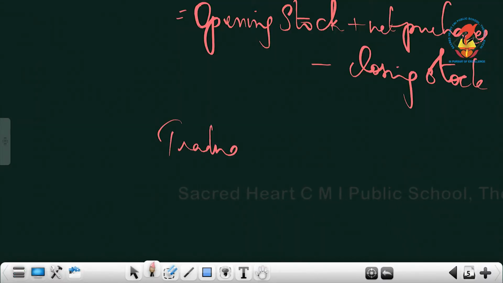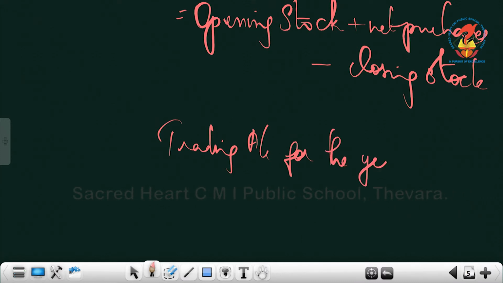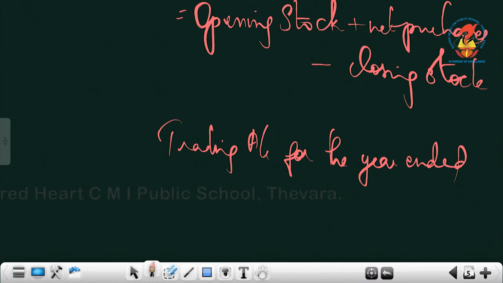As usual, you draw the format. Trading account for the year ended, the date given here, 31st March 2020.